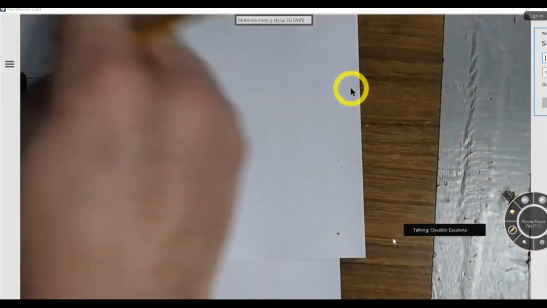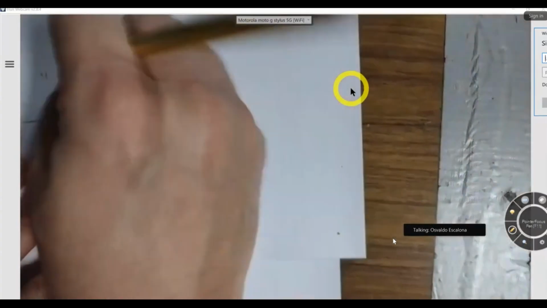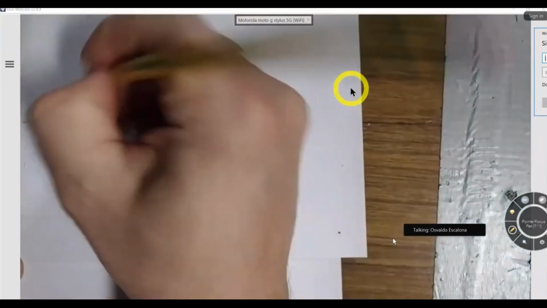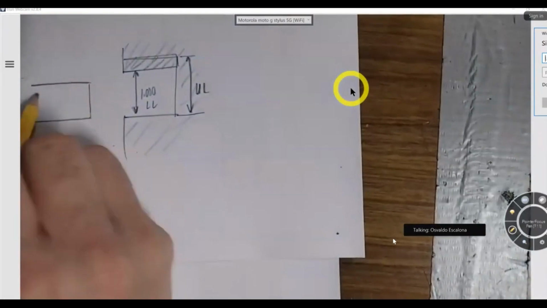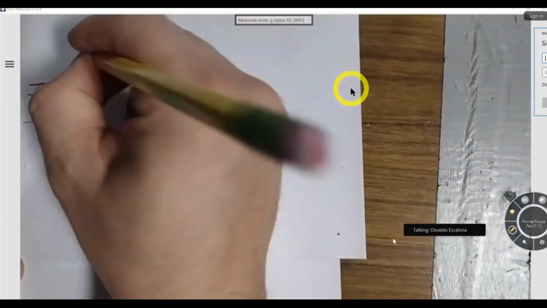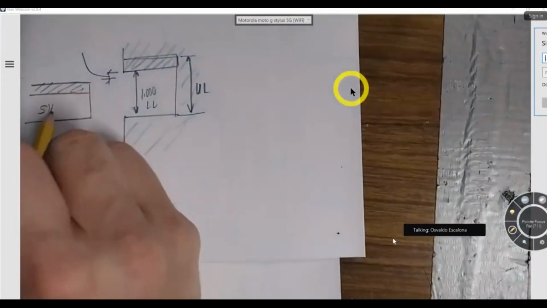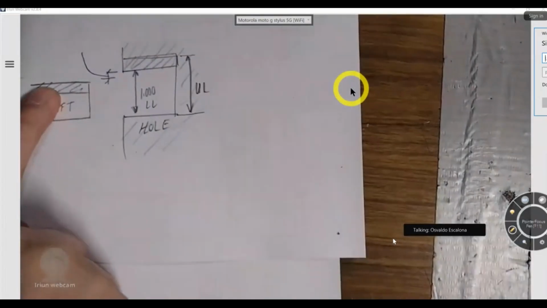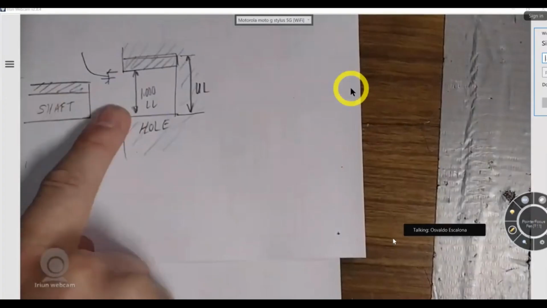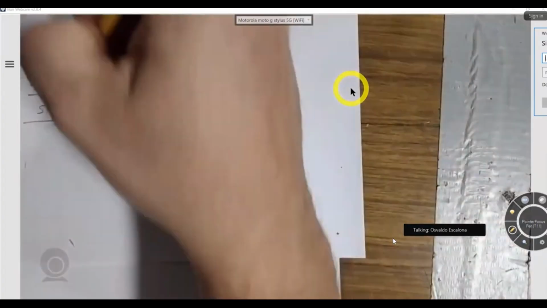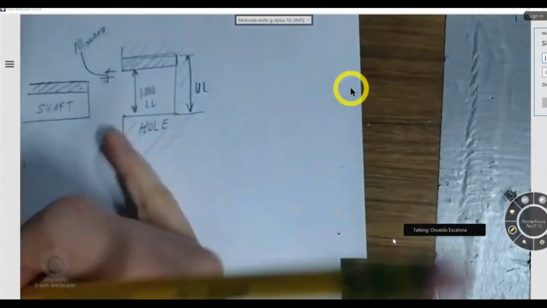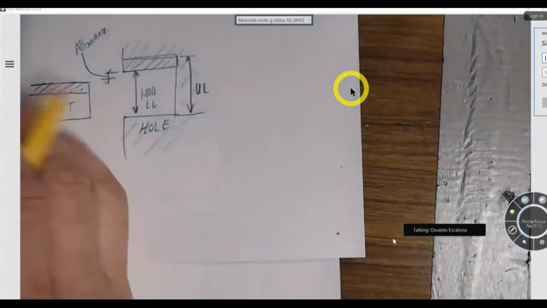And then when I put my shaft in, I am going to make it such that in the worst mating condition, when my shaft is the biggest, it will still fit into the hole. And this little portion right here, we're going to call allowance, which stands for the tightest fit. Okay?